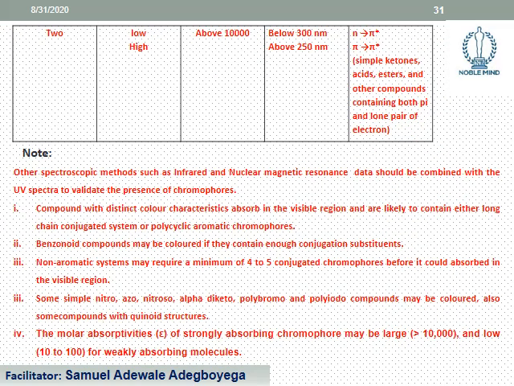We are still giving a note here. To specifically determine the nature of the functional group for which band you are observing, it is advised that other methods such as infrared spectroscopy and nuclear magnetic resonance should be combined with UV spectra so as to validate the presence of the chromophore.